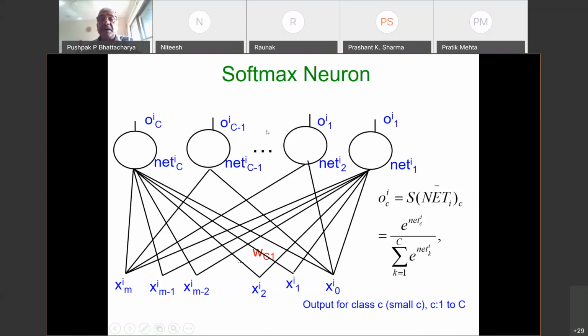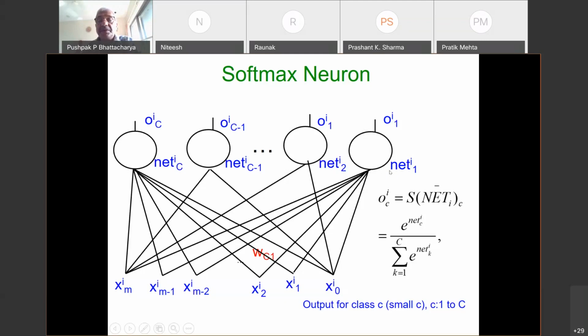The output values are Oi1, Oi2 up to OiC, where C is the number of classes and i is again the pattern number. So OiC is a softmax applied to the net input vector.